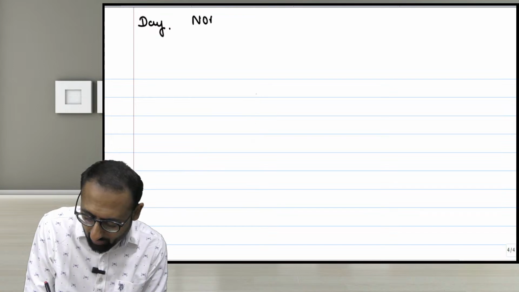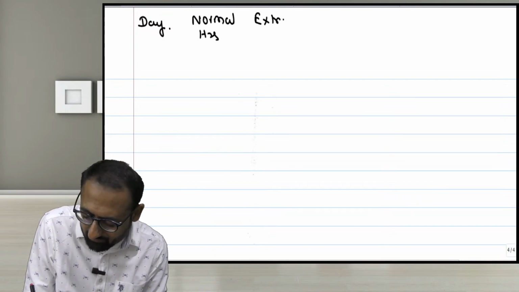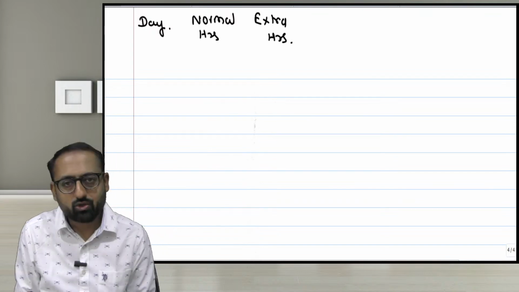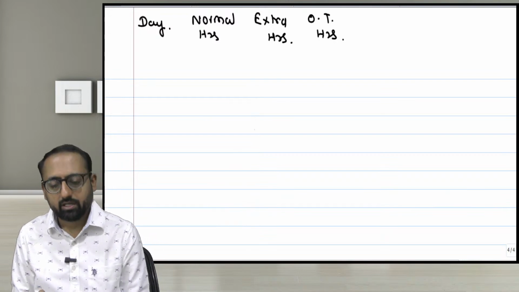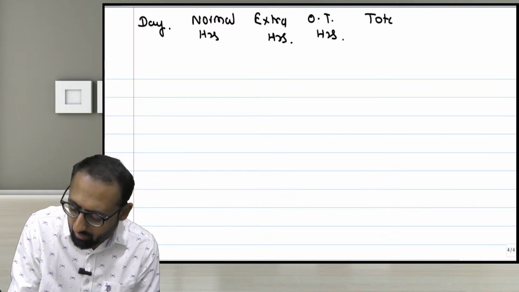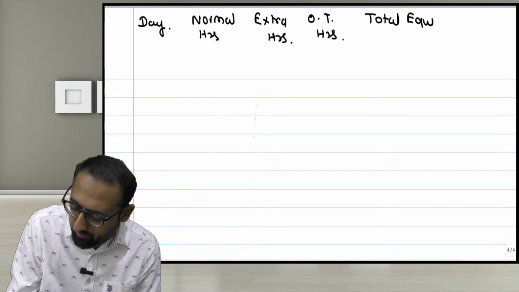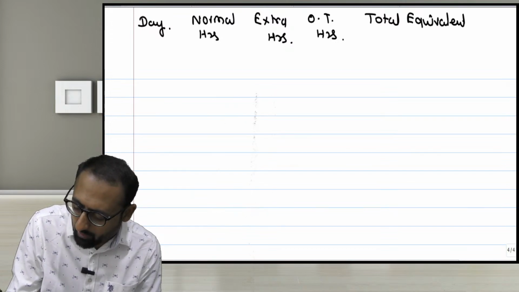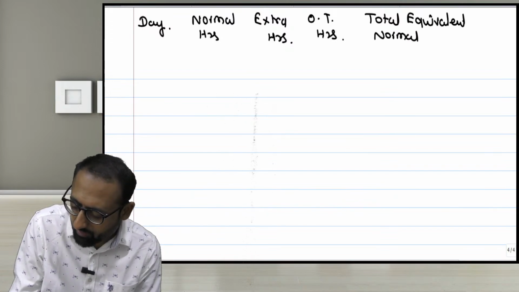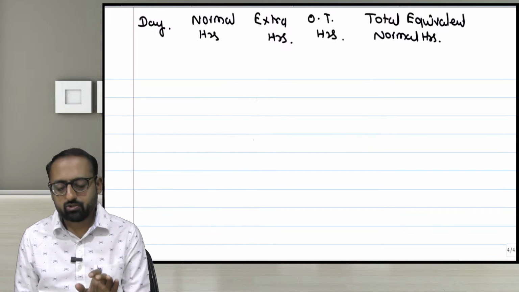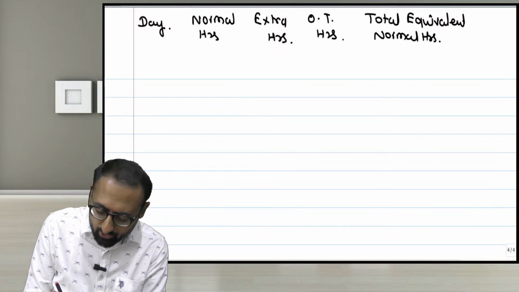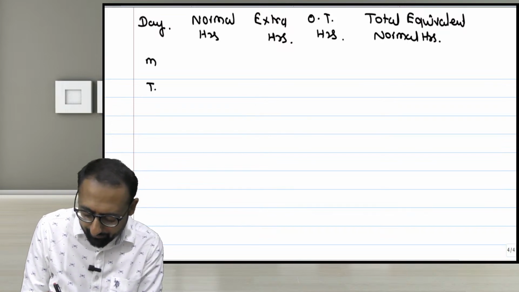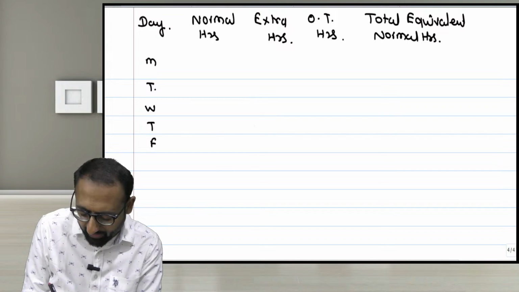The next column will be normal hours, next extra hours, next overtime hours, and next total equivalent normal hours. Very, very important part. So: day, normal hours, extra hours, overtime hours, total equivalent normal hours. Then Monday, Tuesday, Wednesday, Thursday, Friday, and Saturday.